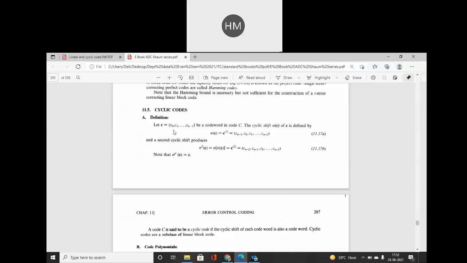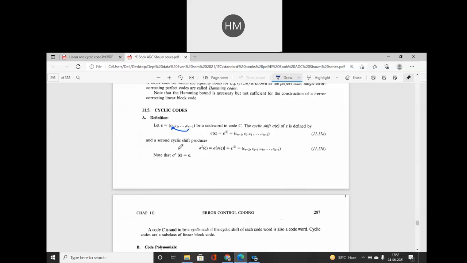This is my code word from C0 to Cn minus 1. If I am cyclically shifting this code once, and I am performing a right shift, you can see that Cn minus 1 is shifted here. We are shifting it to the right side.